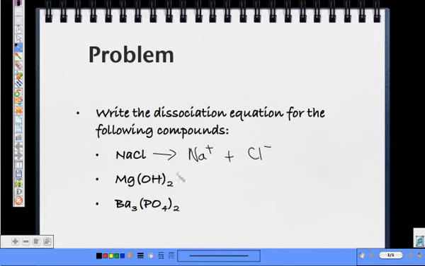How about this magnesium hydroxide? What would it yield? Mg2 plus and OH minus. Is it balanced? I have 2 OH minus, right, 2 hydroxides. How about the bottom one?